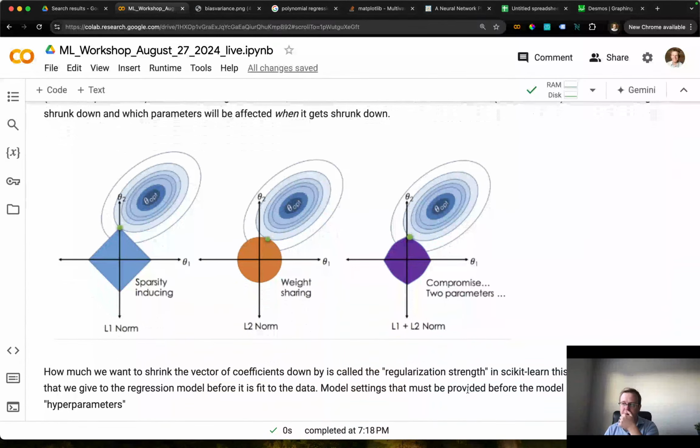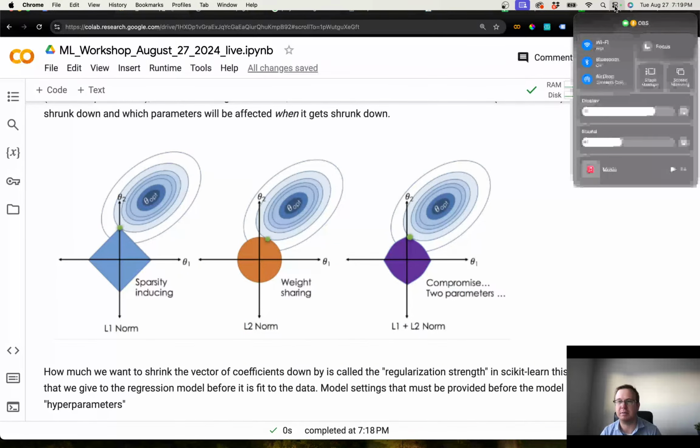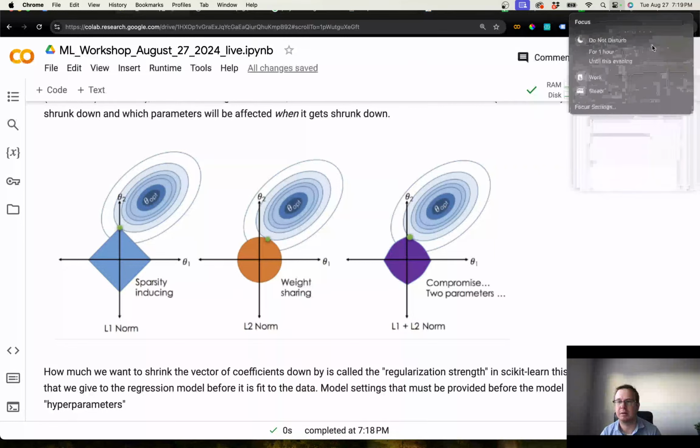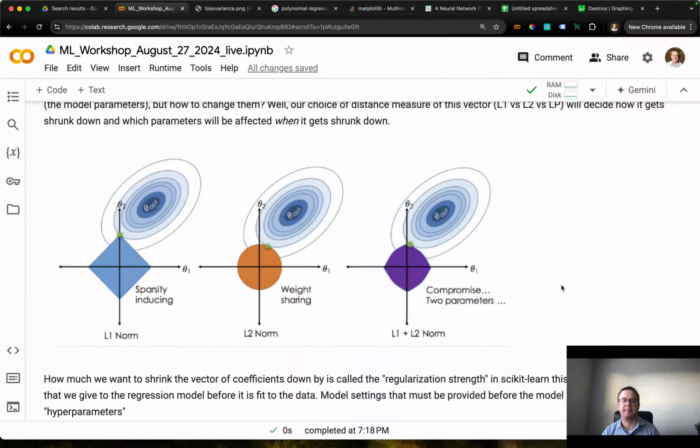Now here's maybe the weirdest set of visualizations from today. Oh, it looks like my focus has gone off. There we go. Okay. Over here we have our L1 norm. And remember, we have that diamond shape.